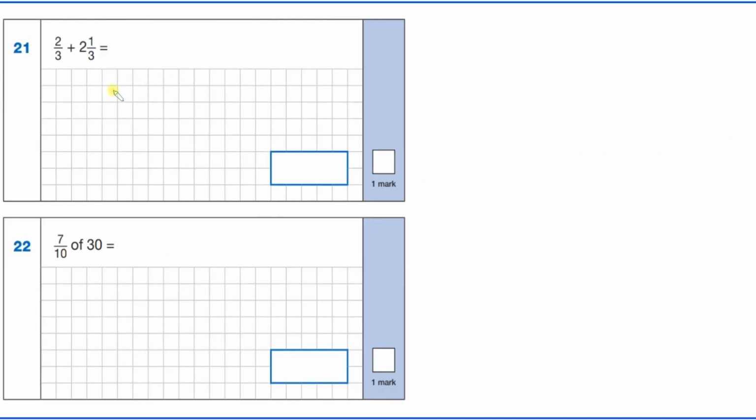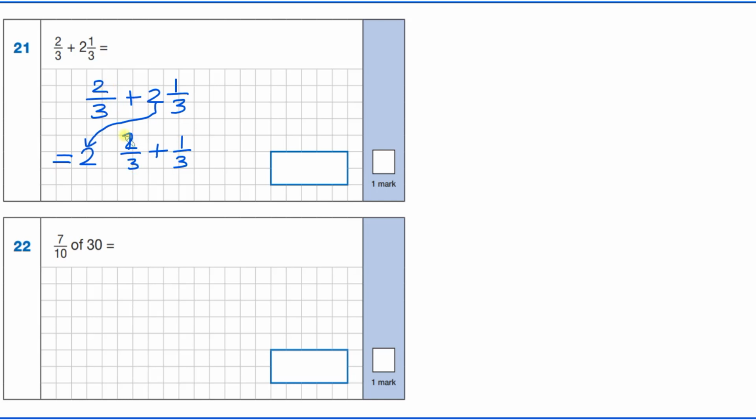Question number 21. 2/3 plus 2 and 1/3. Now what we are going to do is keep the 2 wholes separately. So that is 2/3 here and plus 1/3. The 2 wholes we keep separately in the front.